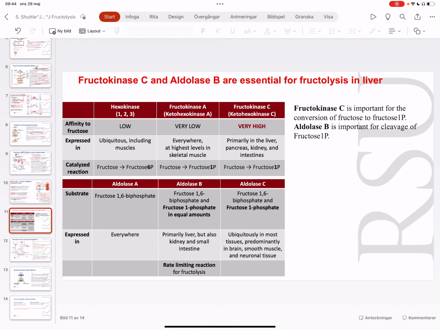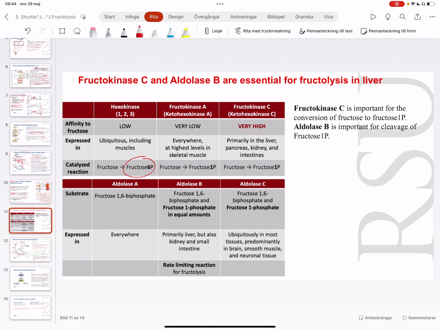So when we have a fructose molecule, we have to convert it to either fructose 6-phosphate or fructose 1-phosphate, and this depends on which enzyme is available in a specific cell. So a hexokinase, for example, can convert fructose to fructose 6-phosphate, but hexokinase has low affinity to fructose, so it's not that effective.